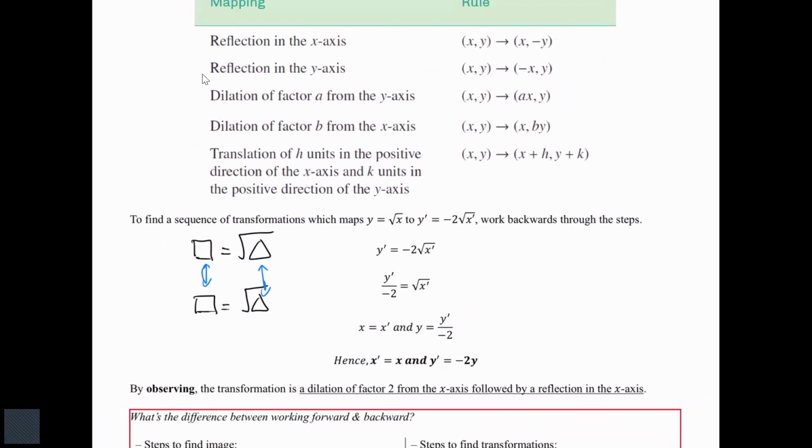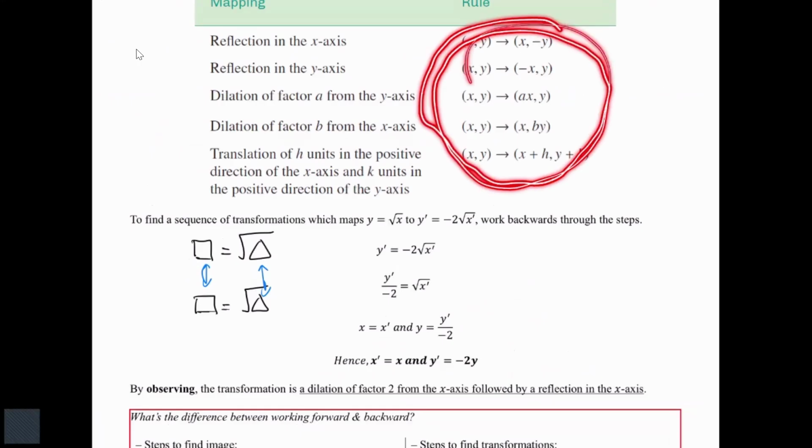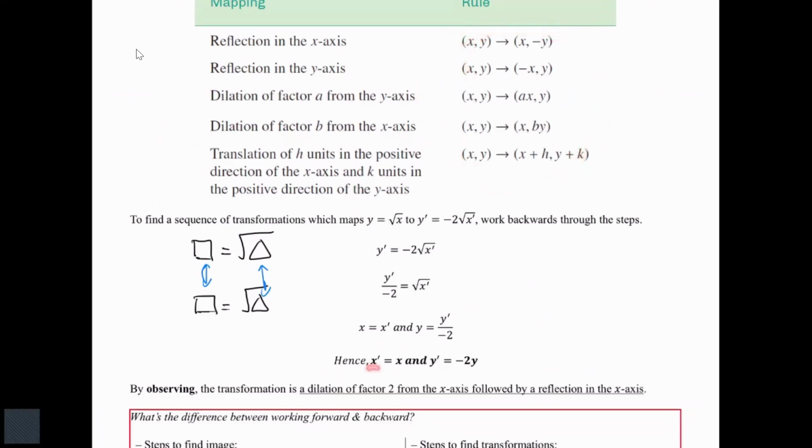I can tell from this that x dash has been transformed from x and I have done nothing to it. However, I have to do something to my y variable to make it into y dash. Before, we have y, and I have to do something to make it into negative 2y so that I have y dash. Does that make sense?